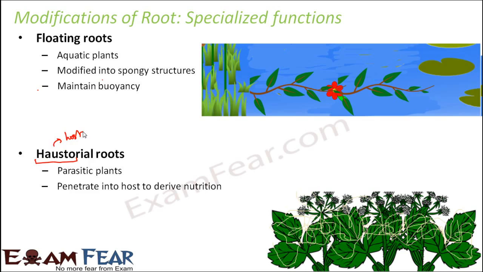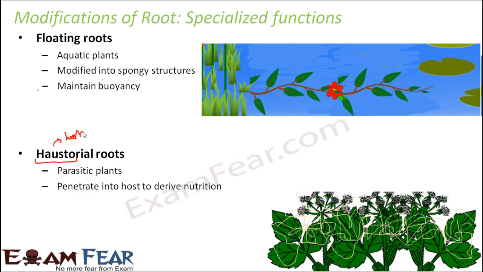What is host and what is parasite? The living organism within which another living organism lives and derives its nutrition is known as host. And the living organism which snatches out the nutrition is known as the parasite. For example, the worms inside our body. Like we often get stomach infection and things like that, right? So what happens in that?